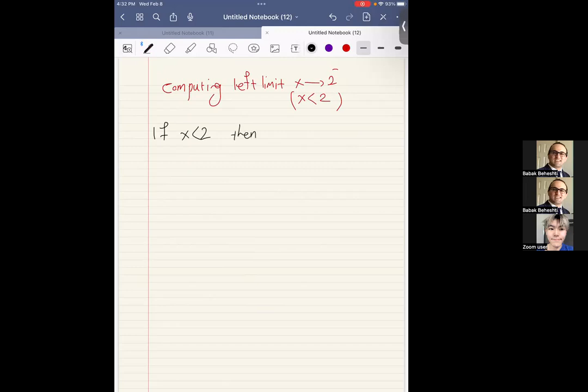Let's say x is between 0 and 2, still positive but less than 2.